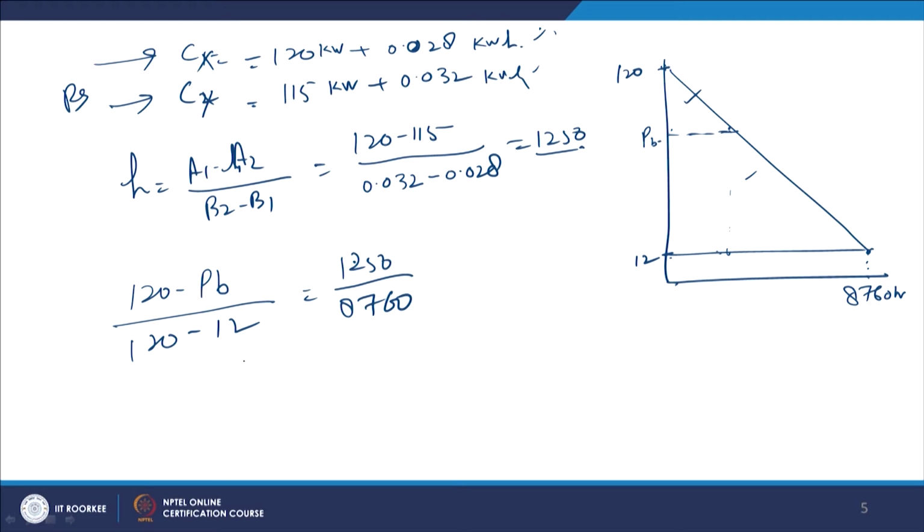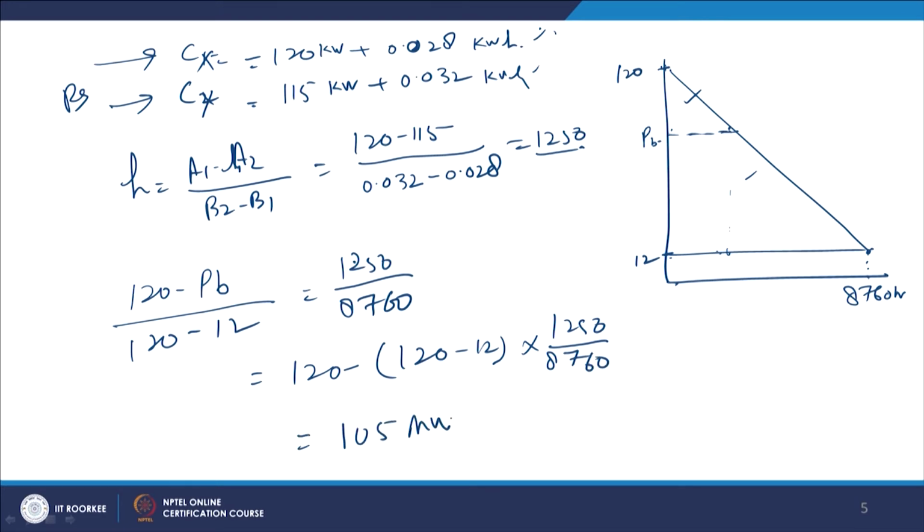If you manipulate this, you will find that P base is equal to 120 minus (120 minus 12) times 1250 by 8760, which is going to be 105 megawatt. So, 105 megawatt is the cutoff line, it is the capacity of the base load plant, and beyond that it is a peak load plant.